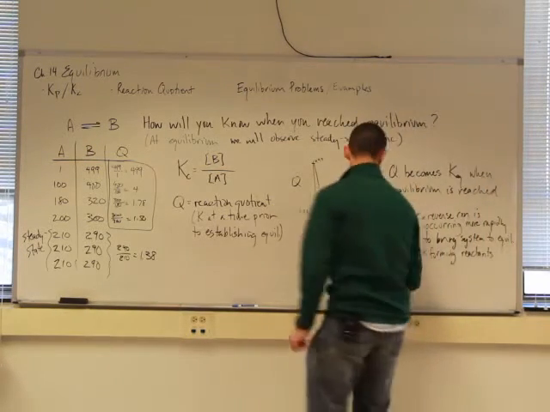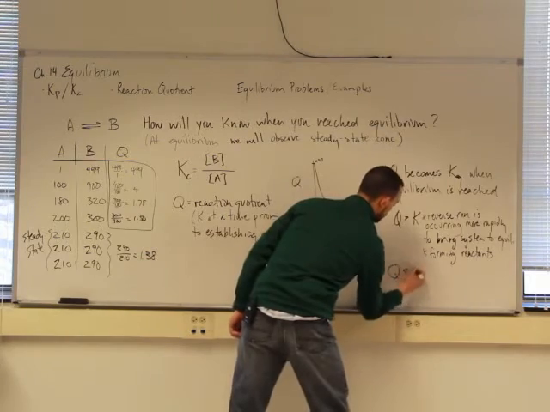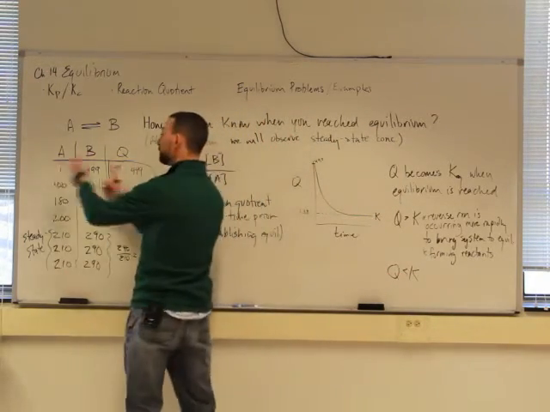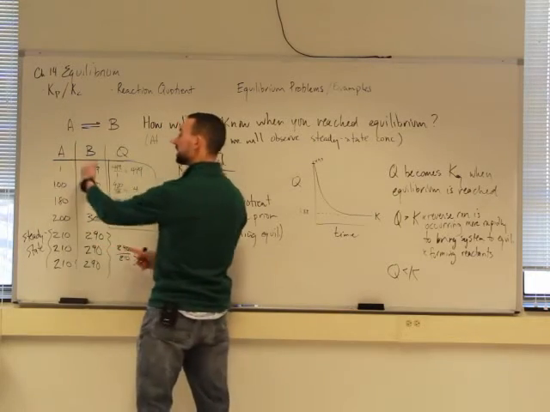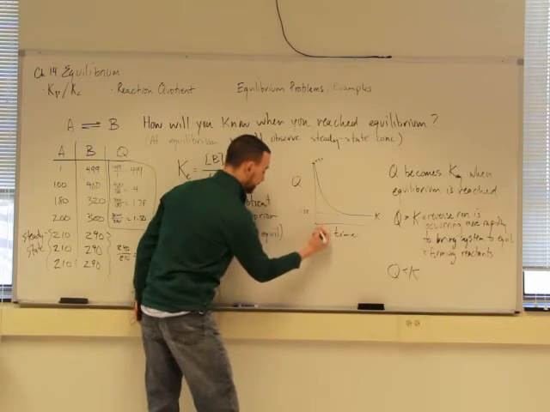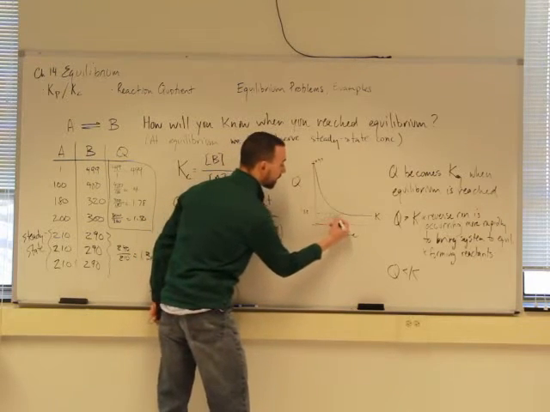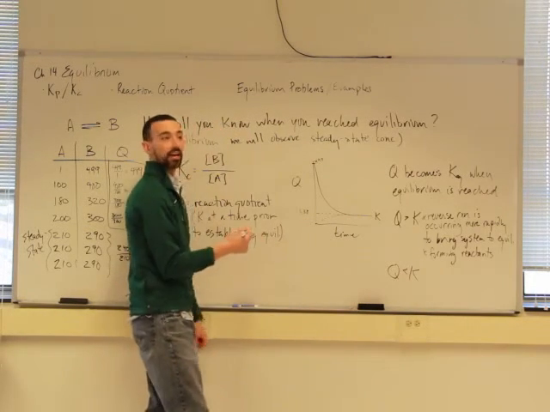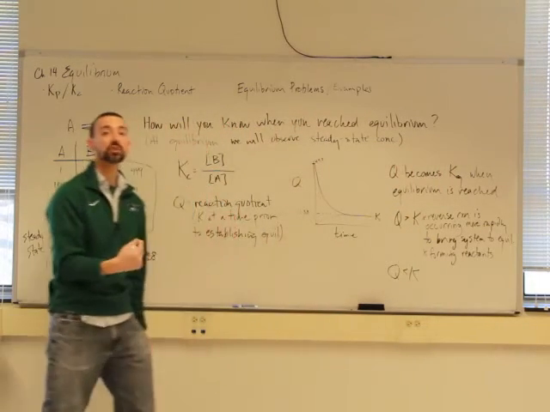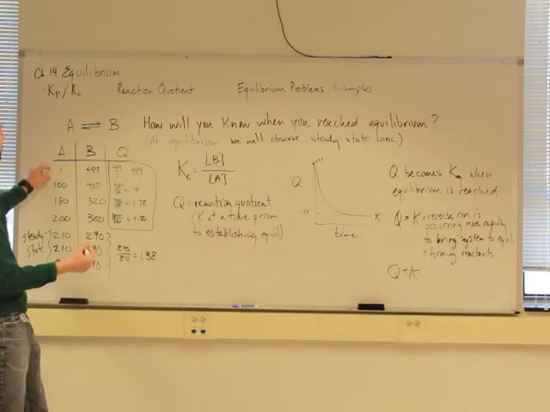On the other hand, we could also have the case where Q is less than our equilibrium constant. If we had flipped these numbers and started with a 499 and a 1, Q would have been extremely tiny, and then it would have come up until it reached K. So Q still would have become K, but from the other direction. The A would have had to decrease.